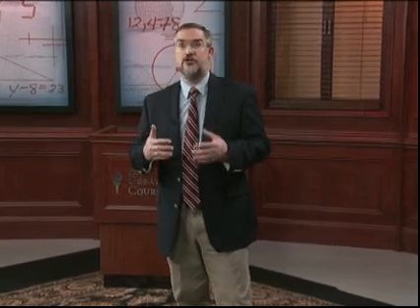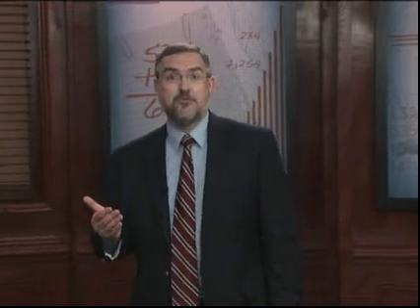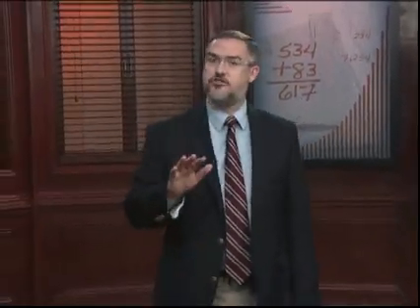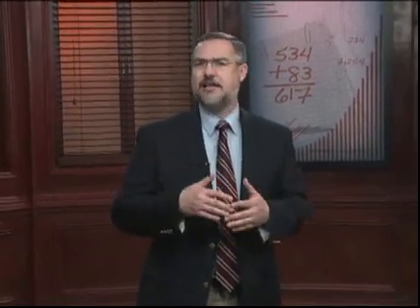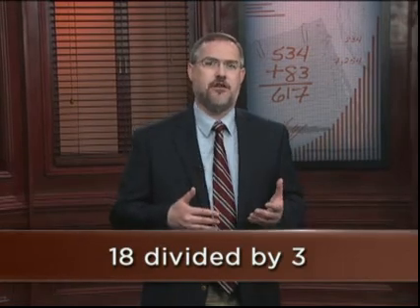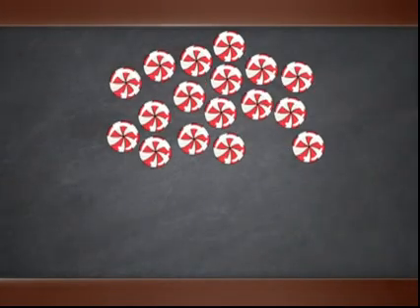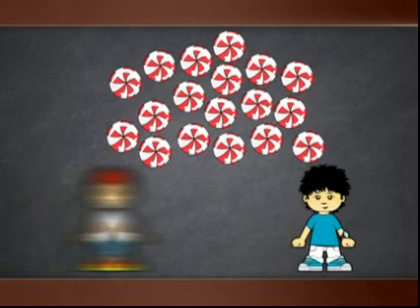closely related to multiplication. Now, just as we did in our lesson on multiplication of whole numbers, let me take a few moments here to discuss what division of whole numbers really means. If I ask you to calculate 18 divided by 3, what am I really asking you to do? Well, imagine that I have 18 identical pieces of hard candy and I want to give them out evenly to 3 different people.